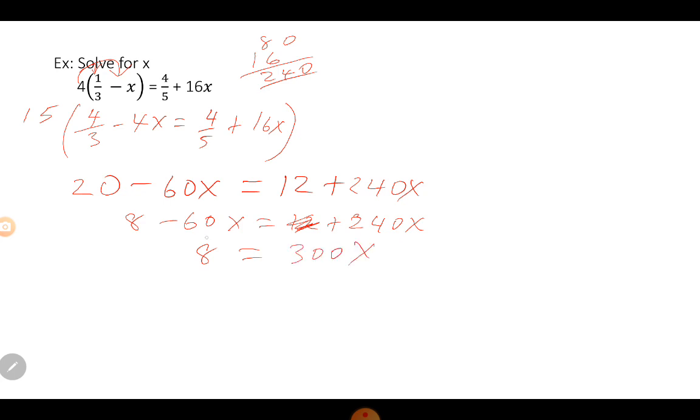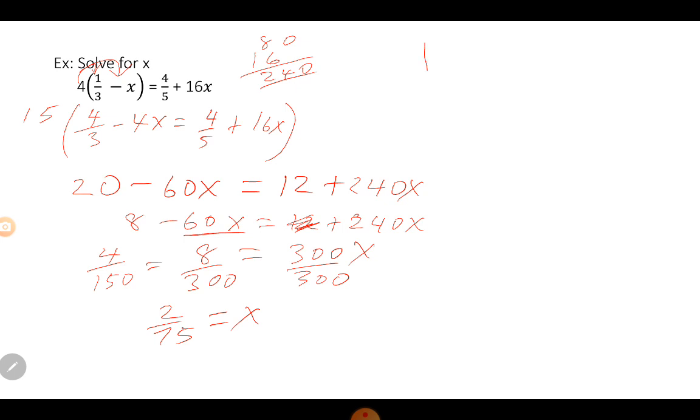And now we divide both sides by 300. Now divide both the numerator and denominator by 2. That would give us 4 over 150. And then if we again divide by 2, we get 2 over 75. So x is equal to 2 over 75.